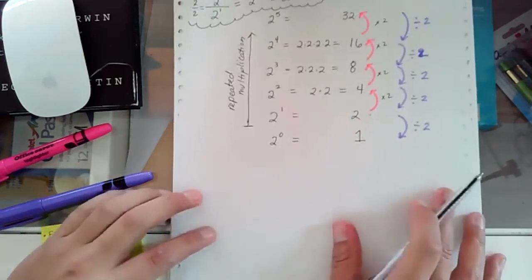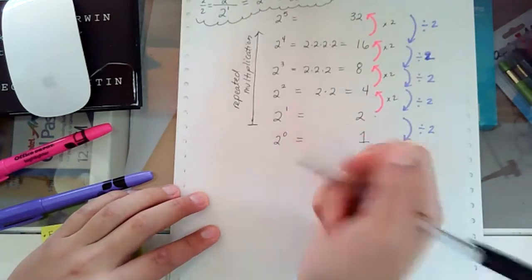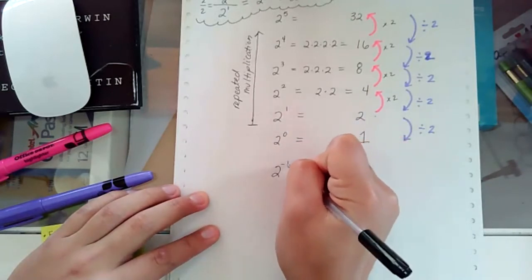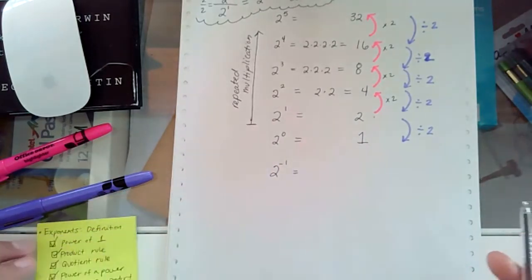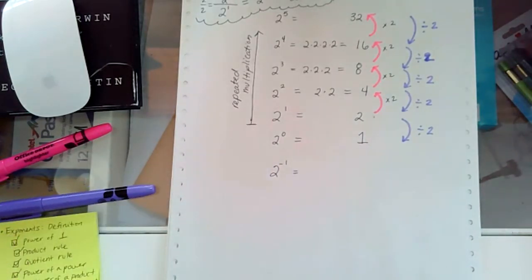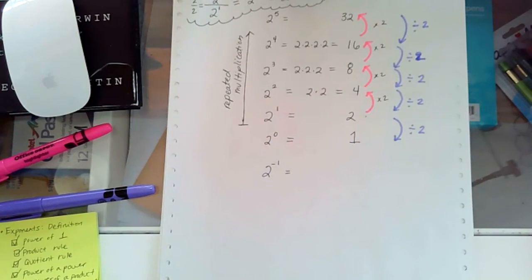Okay, so then naturally, let's assume that we had a negative exponent. What do you think 2 to the negative 1 should be? Now, again, we can't really think about repeated multiplication here, because how would I write the number 2 a negative number of times?